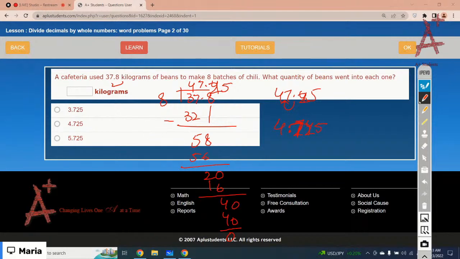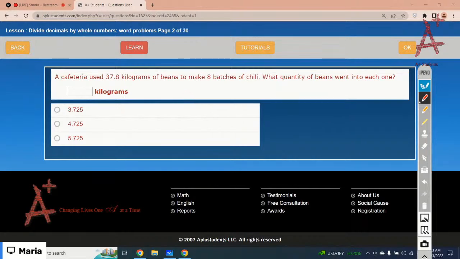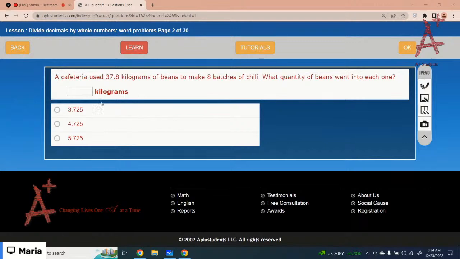Got it? So the correct option is the second one. That is 4.725. Just select the correct option and click on the OK button. Got it?